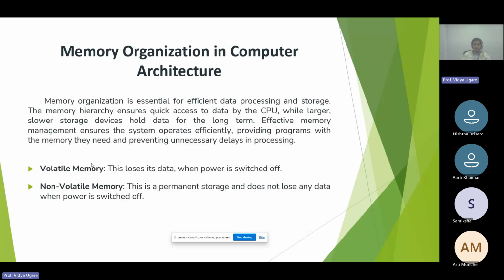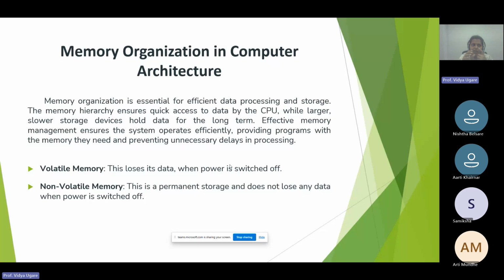Now if you see memory organization, primary memory is also called volatile memory and secondary memory is also called non-volatile memory. It is called volatile because it loses its data when the power is switched off. Non-volatile means it's a permanent storage: even if the power goes off, the data you have kept in secondary storage is still available.